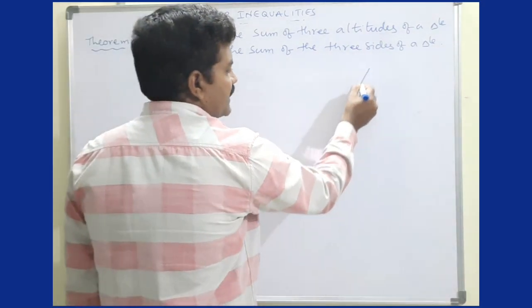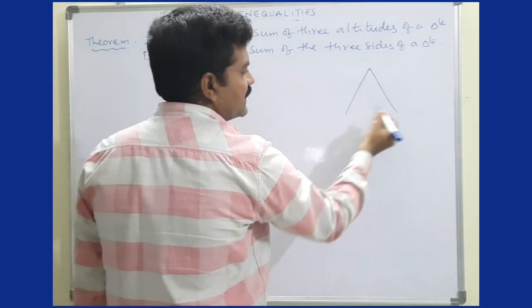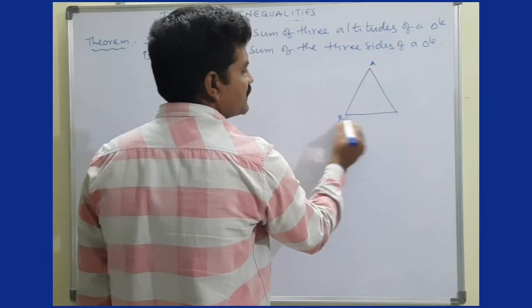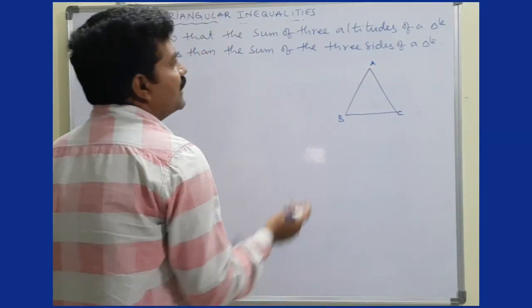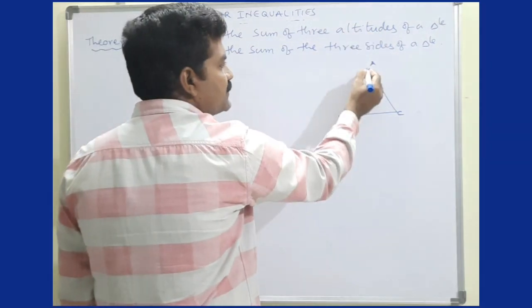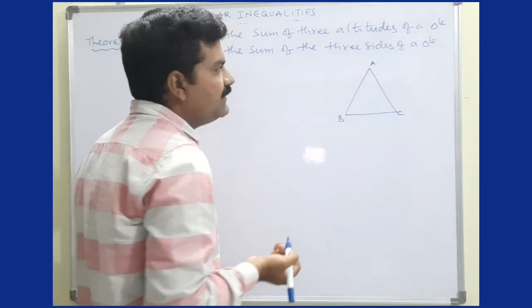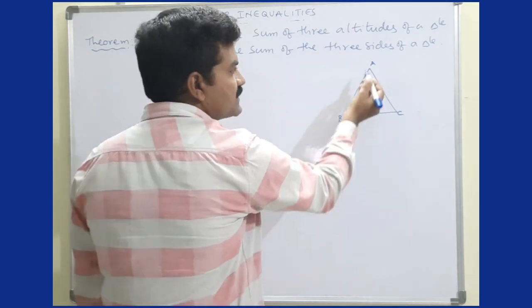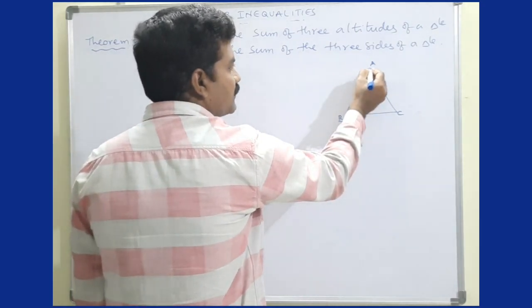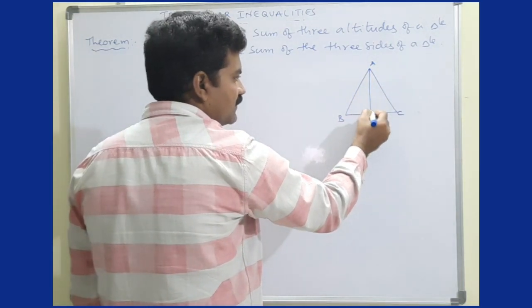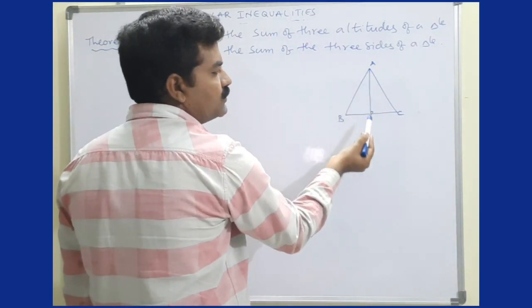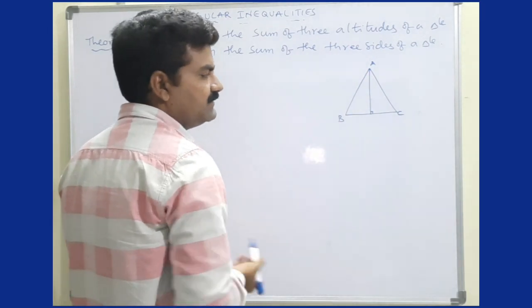So to prove this statement, consider a triangle ABC. Coming to altitudes, you know, an altitude is nothing but a perpendicular line drawn from a vertex to the opposite side. Let it be the perpendicular line drawn from vertex A to the opposite side, which is BC.